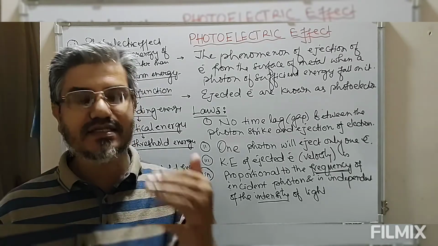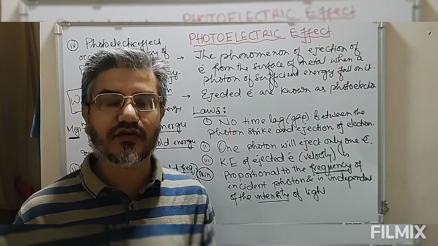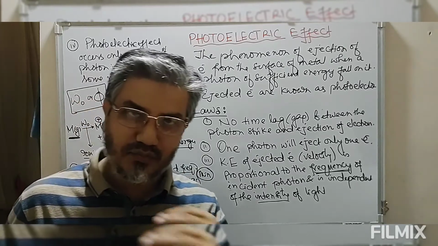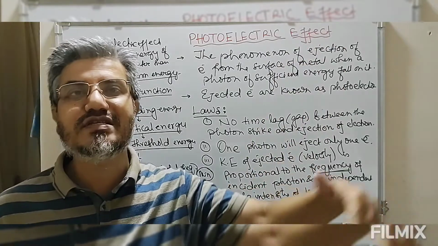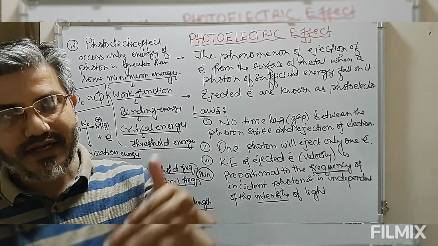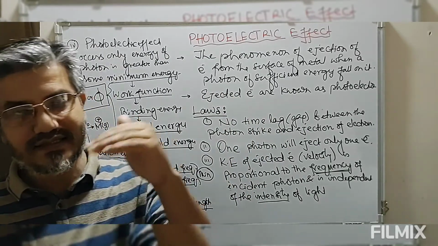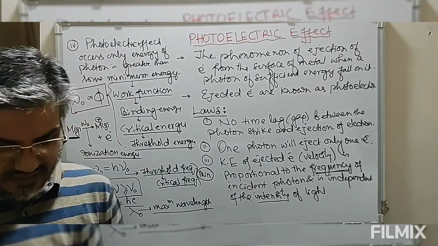As the intensity or brightness of light having some minimum frequency is more, the number of photoelectrons ejected will be more. But if the brightness or intensity is decreased, then the number of photoelectrons ejected will be less.